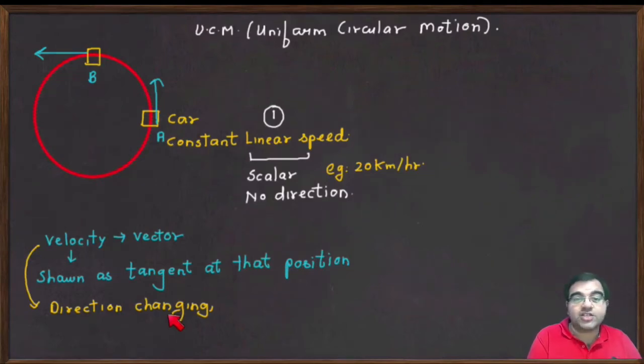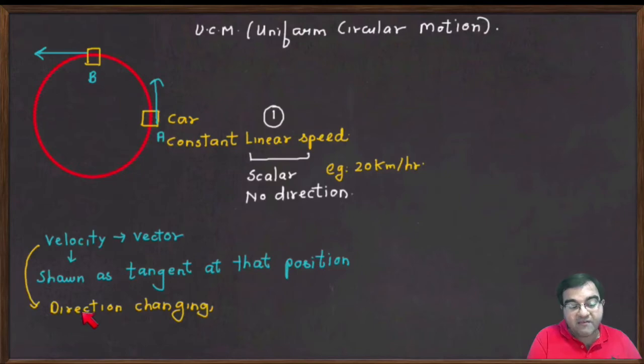And if the direction is changing, obviously the velocity is going to change. Because for velocity, the direction is important. Here, I would define the velocity to be 20 kilometers per hour in the upward direction. Here, I would define the velocity as 20 kilometers per hour in the left direction. So the velocity's direction keeps on changing.